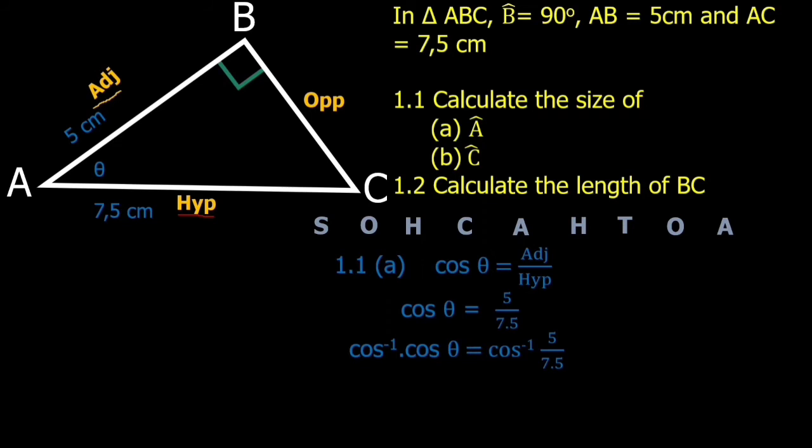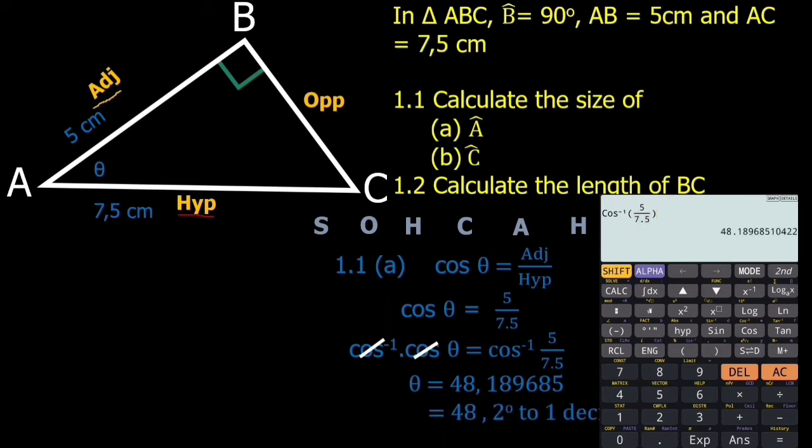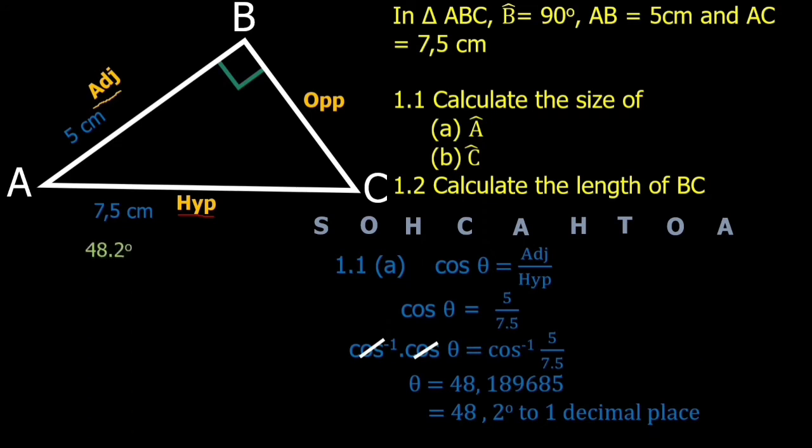We use the inverse of cos, but we have to do it to the left hand side and also to the right hand side. So theta is equal to inverse cos of 5 over 7,5, which is 48,18, which you can round off to 48,2 degrees to 1 decimal place.